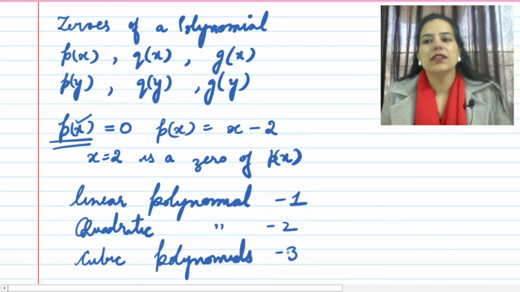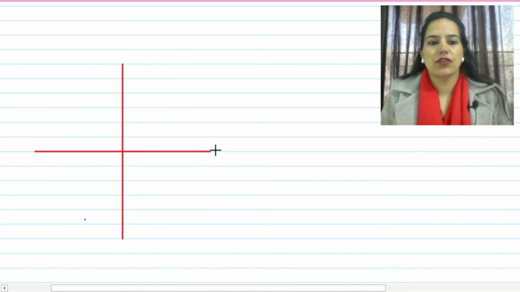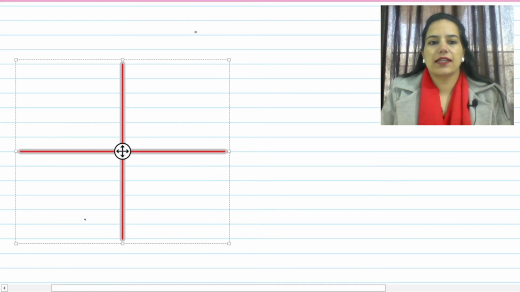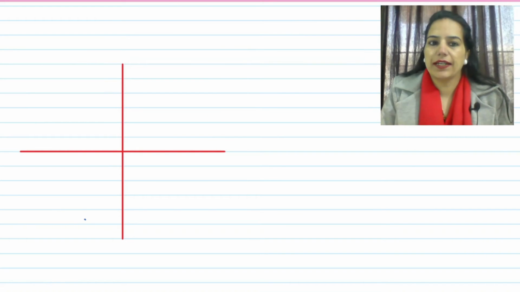Now, why do we need to know the polynomials? Let's look at the geometric meaning of zeros of a polynomial. We will understand this with the help of a graph. Like if this is your x-axis and y-axis, a linear polynomial like x plus 2 or 5x plus 2 or anything like that will be a straight line, right?